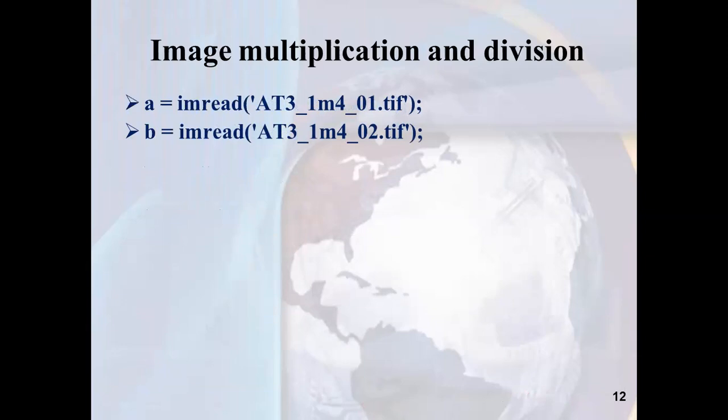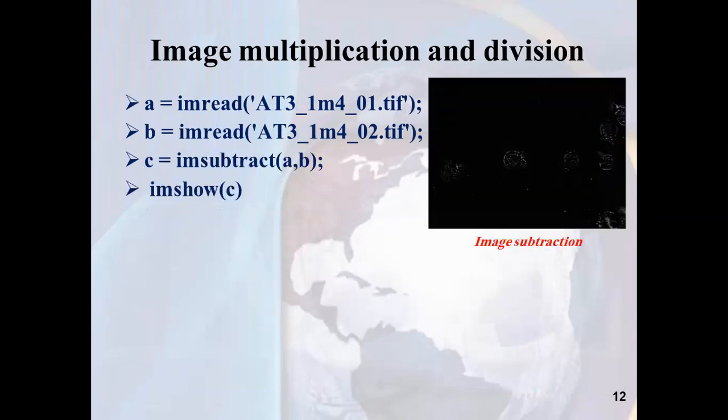Now let's take the example of multiplication and division concerning two successive images. This is what we call image subtraction. We saw this example before. We take these two images, which come from small videos, and these two are successive images.